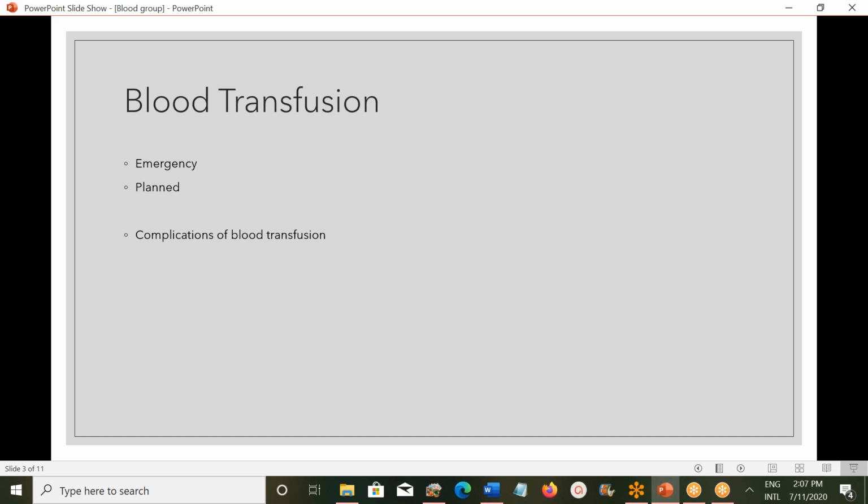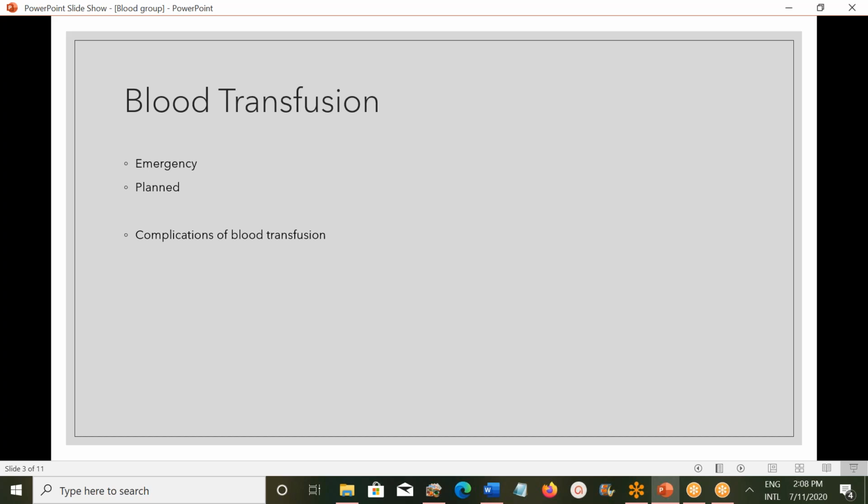Sometimes you have given blood, and at the time of transfusion the patient didn't have any reaction, but 1 week after transfusion the patient became pale, developed anemia, and had brownish urine. So this is a delayed transfusion reaction.